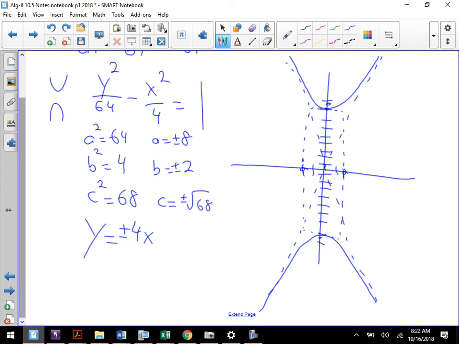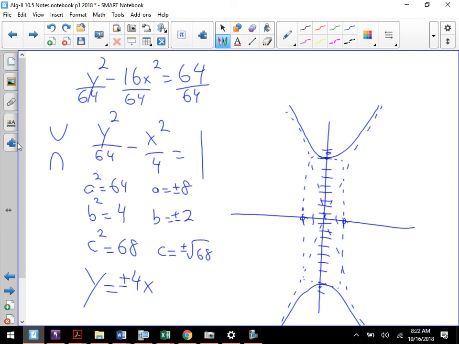And usually what I do with the equations, they tend to start like that one up there, where it was like x squared minus 16x over 64. I usually write them like that to start with because you have to do some work to get to it.